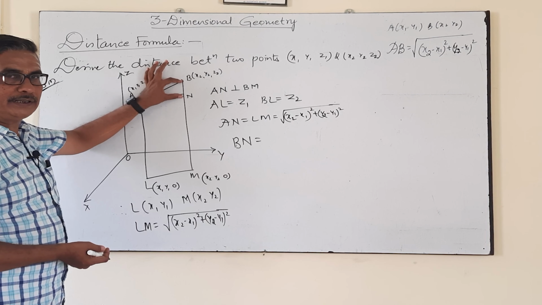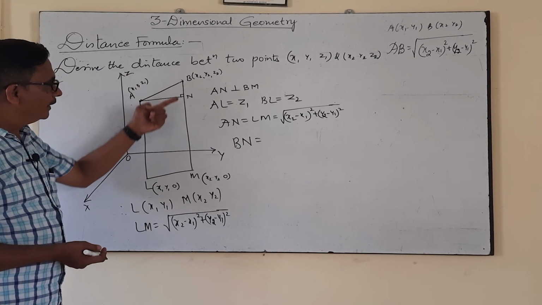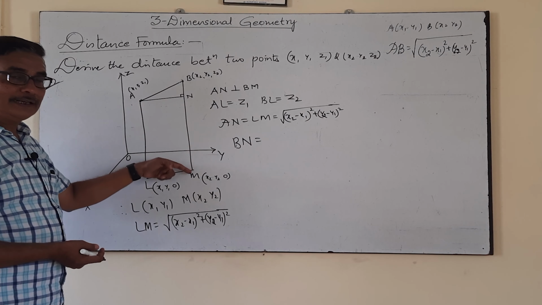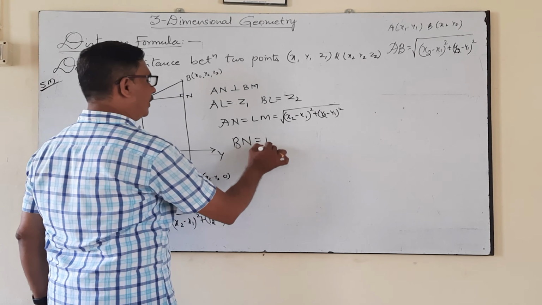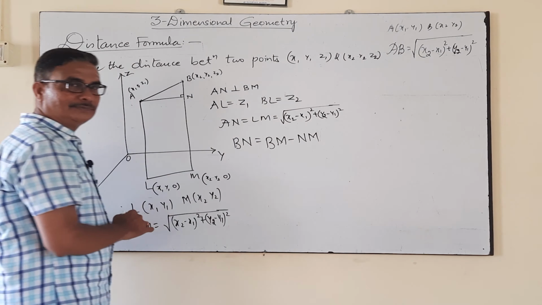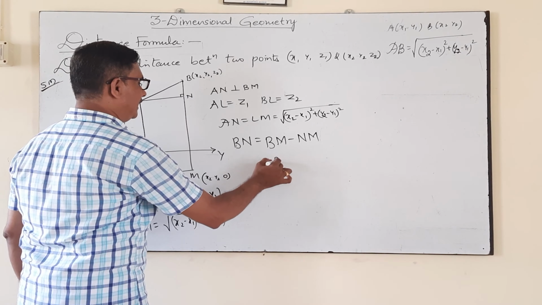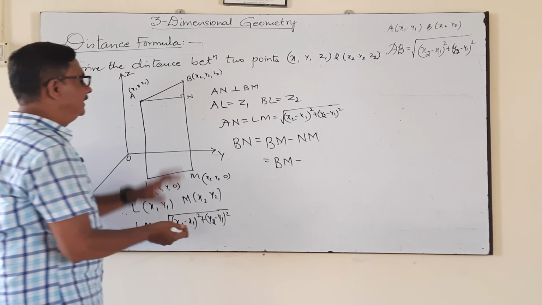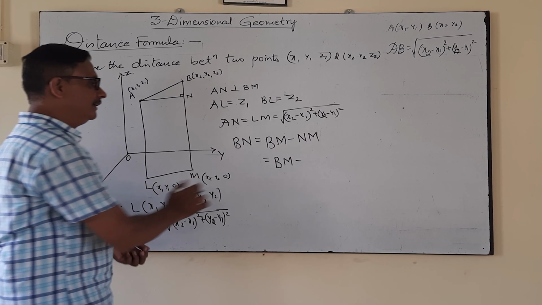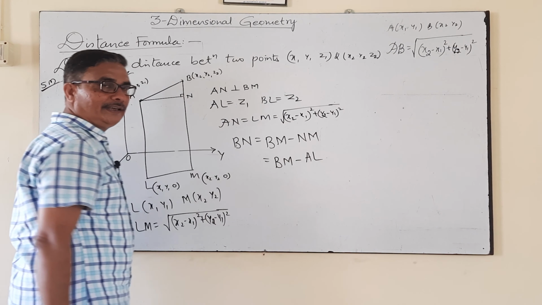The BN length can be written as BM minus NM, the BM length less the NM length. So BM minus NM, right? Now NM is parallel to what? AL. NM is the same as AL.